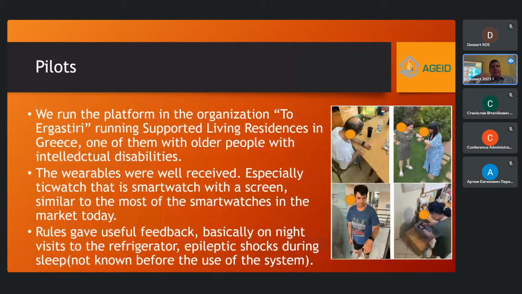We run the platform in this organization, Ergastiri. This is the name of the organization that hosts supported living residences. It moves a little, okay, but we have the right to publish these images, no problem. So the people with intellectual disabilities wear these watches. One problem is whether they will accept to wear these watches.